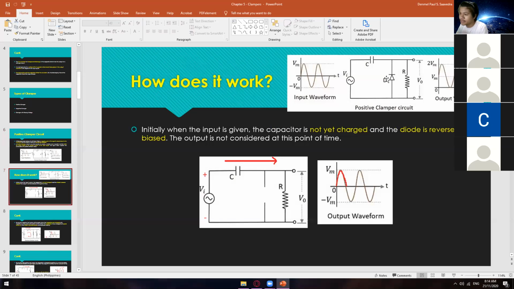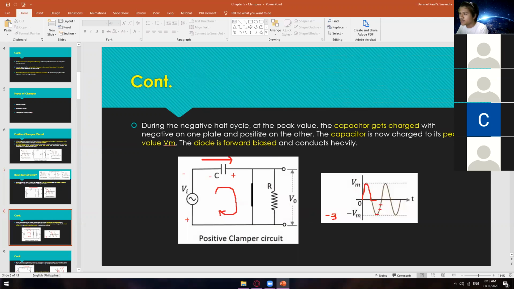This makes our diode an open circuit. If it's an open circuit, all of our voltage input will be able to pass through to our V sub O. Our capacitor will not charge at first. That's why we have this kind of output. Whatever your voltage input is will be our voltage output also, right?